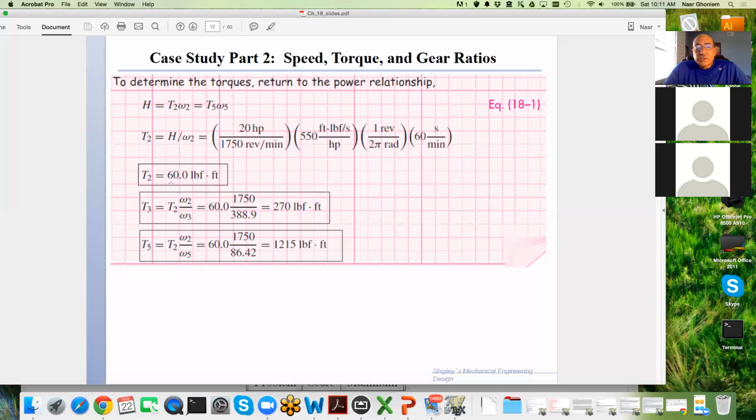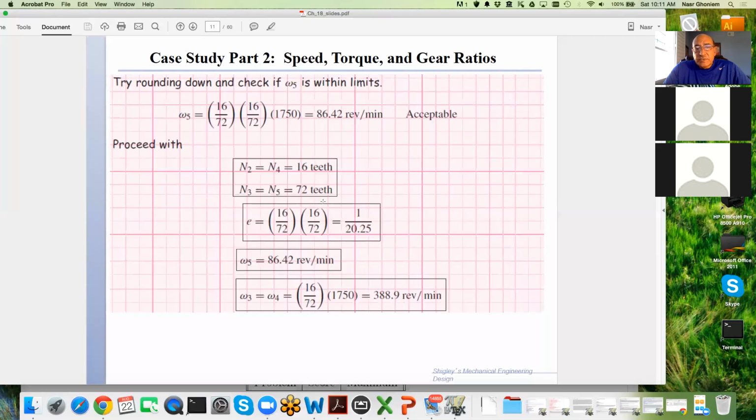So if you look at the torques, the intermediate gear has 270, but the output gear, because we have a big reduction in the speed from 1750 to 86, then the big reduction in speed will have to be associated with the output being a large gear.